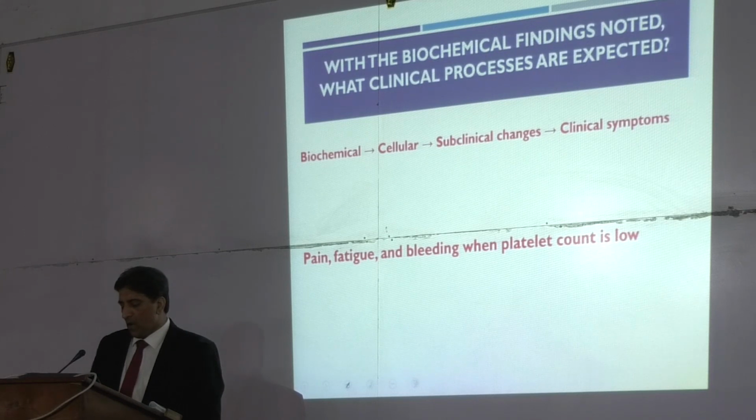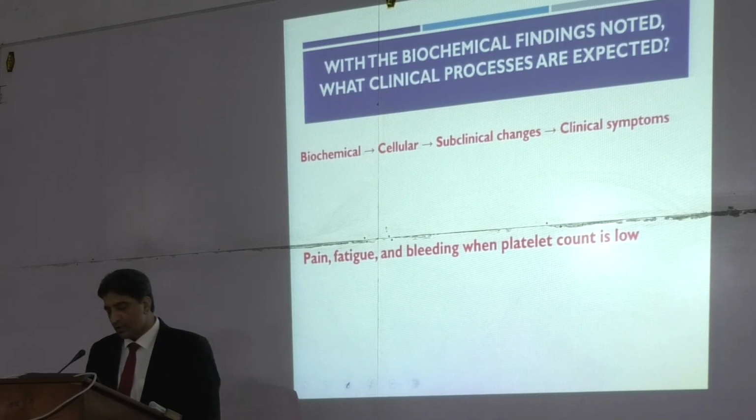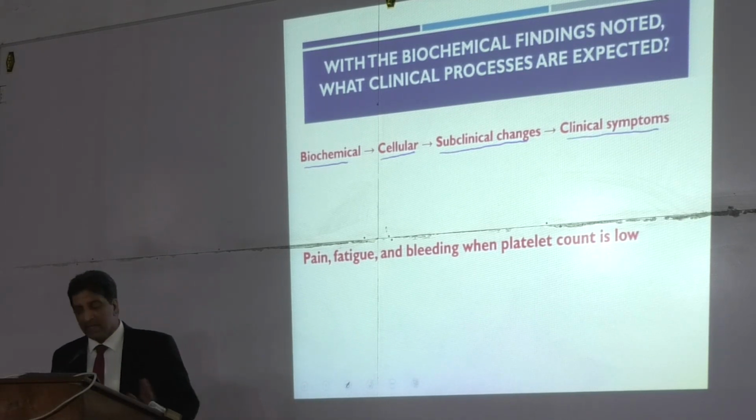With the biochemical findings noted, what clinical processes are expected? For this, we need to understand what biochemical change is present, which cellular mechanism is disturbed, what are the subclinical changes, and what will be the clinical symptoms. So pain, fatigue, and bleeding when platelet count is low. What biochemical tests do you need?